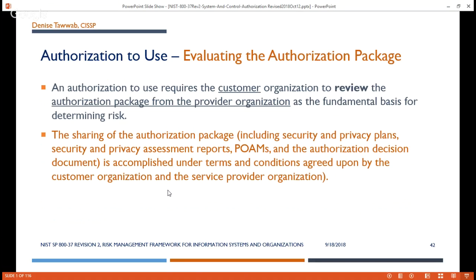The sharing of the authorization package, including any security and privacy plans, security and privacy assessment reports, POAMs, and the authorization decision document, is going to be accomplished under some terms and conditions that you agree upon with the cloud provider. So the customer organization and the service provider organization agree on what information is going to be shared and the terms and conditions under which that information will be shared.